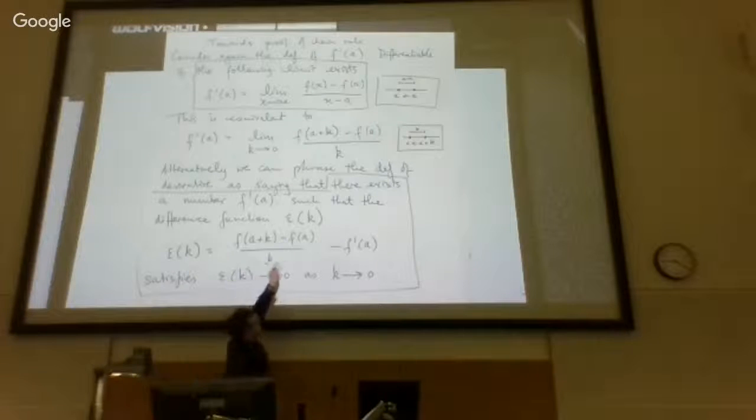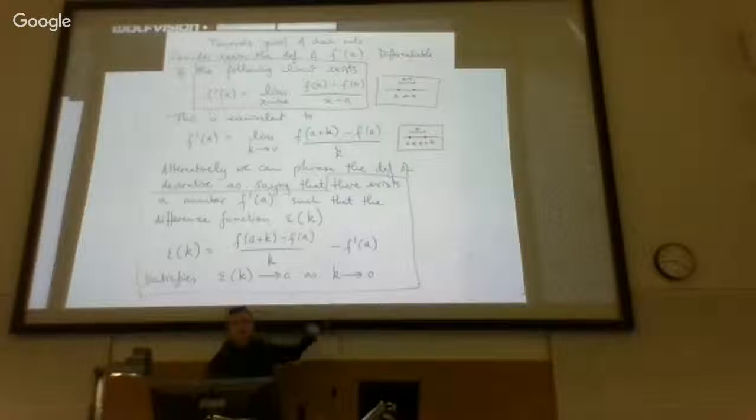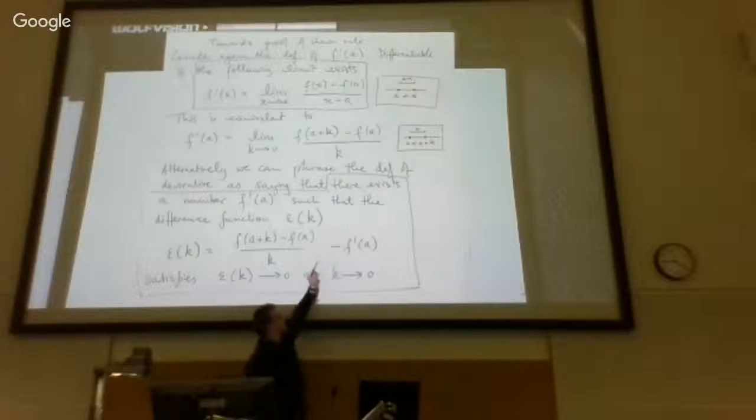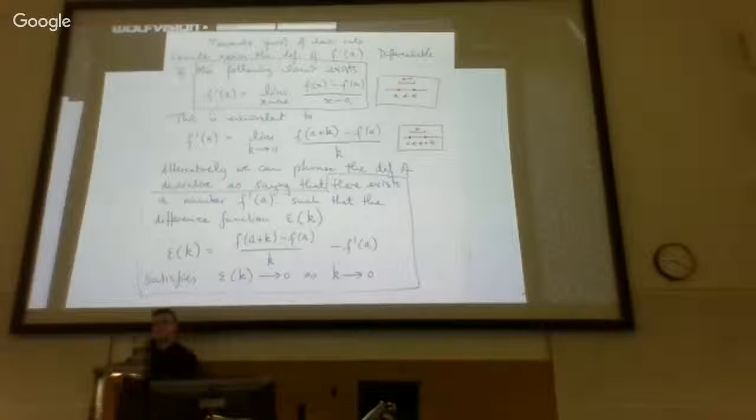Saying that the difference between these two converges to 0 as k goes to 0 is the same as saying that in the limit as k goes to 0, this number is equal to this. Agreed?